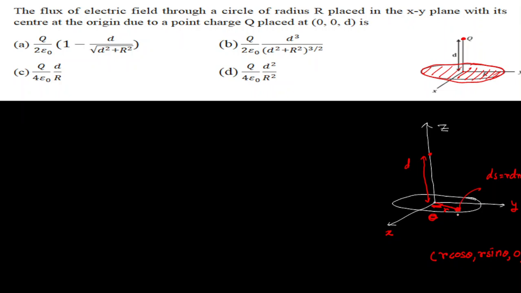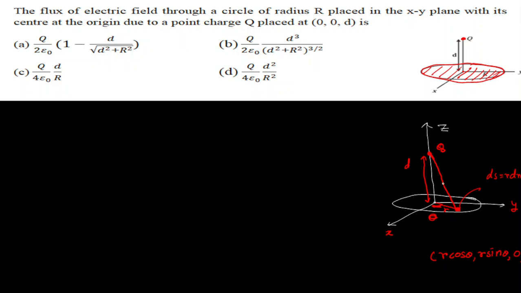Then first we have to write the electric field because of this charge, at this point where we have considered the elementary area. So we have a point charge q and we want to calculate the electric field at the point where we have considered the elementary area.